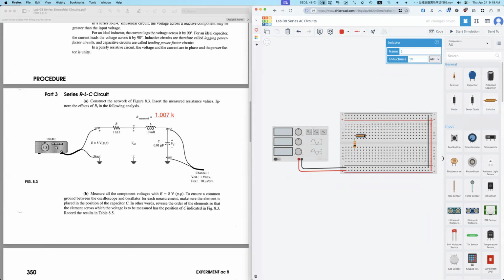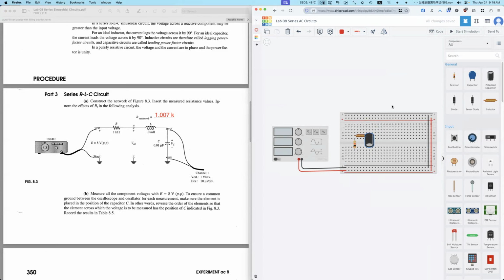Okay, maybe let me rotate this. And this has the direction negative.